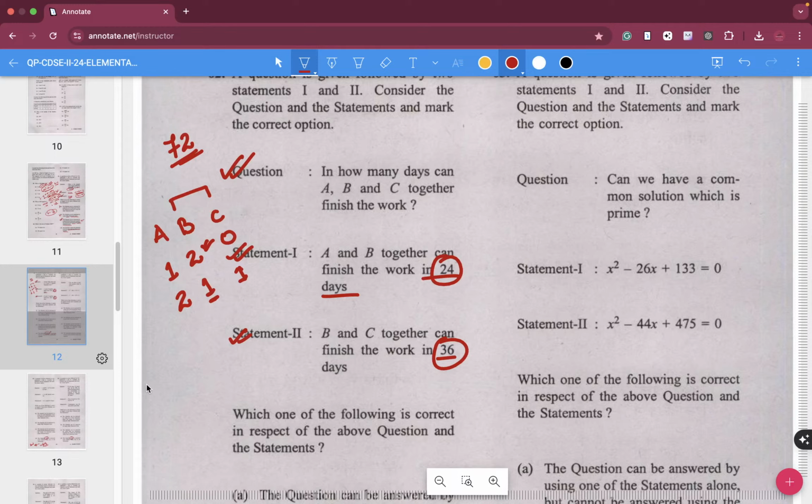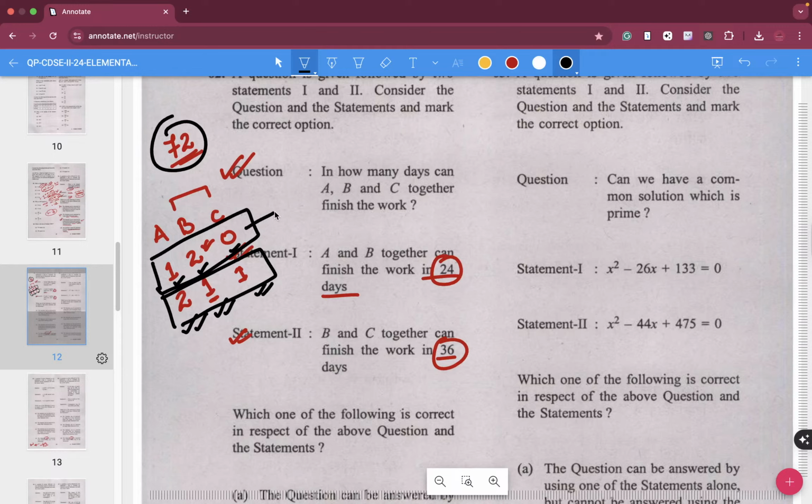So what is happening over here? In the first case, A, B and C are doing 1 unit, 2 units and 0 units every single day. In the other case, A, B and C are doing 2 units, 1 unit and 1 unit of work per day. 72 units of work has to be done.